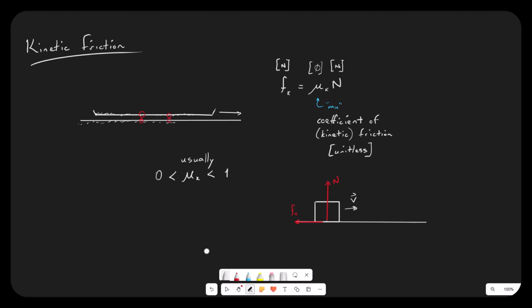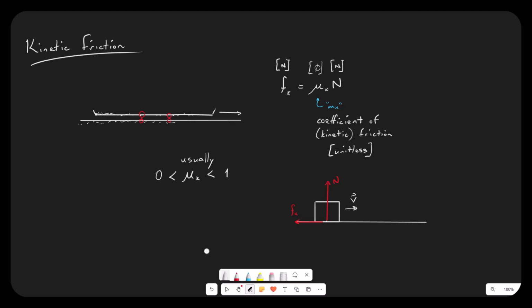An ice cube on a wooden surface is going to have one coefficient of friction. An ice cube on a glass surface is going to have another. Any kind of combination, what we need is what both objects are made of, what both surfaces are made of. That's what's going to factor into that coefficient of friction.